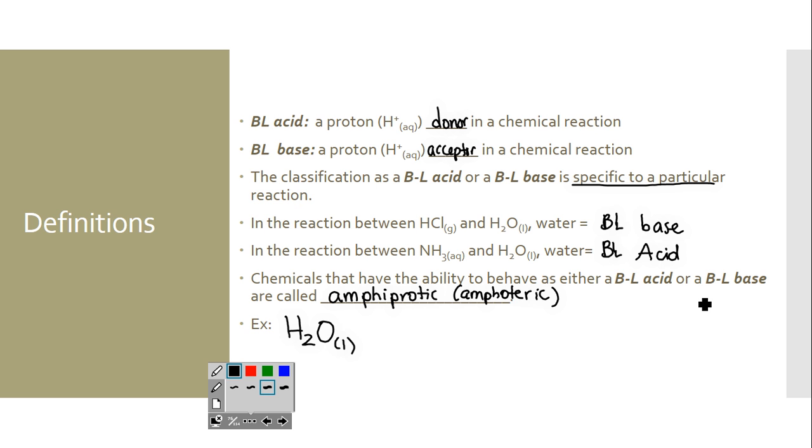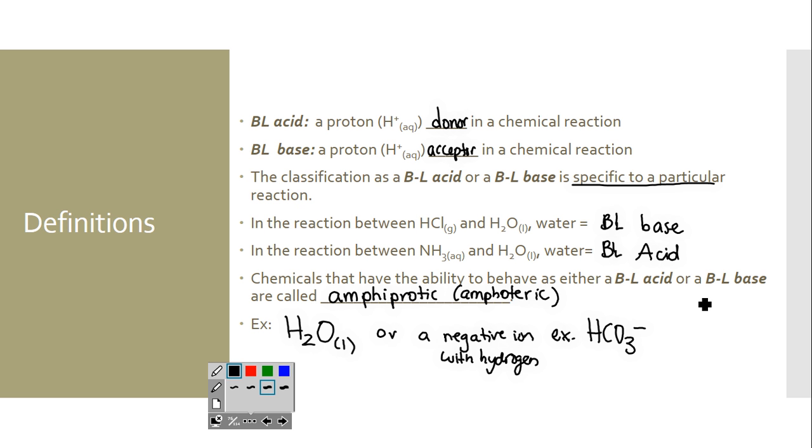So when you're looking for something that's amphiprotic in general, you are looking for a negative ion with hydrogen. There are lots of things that would fit into that category, and so I'm just going to show you a few examples of what that might look like. For example, HCO3 negative.